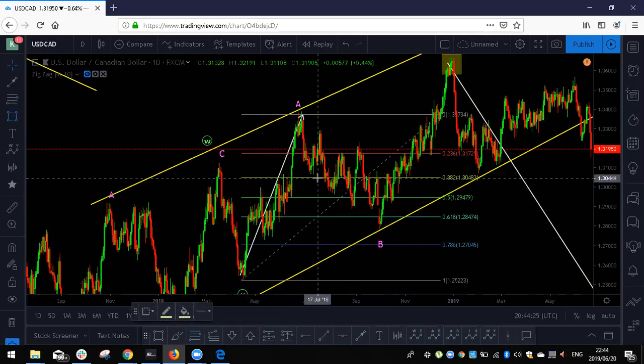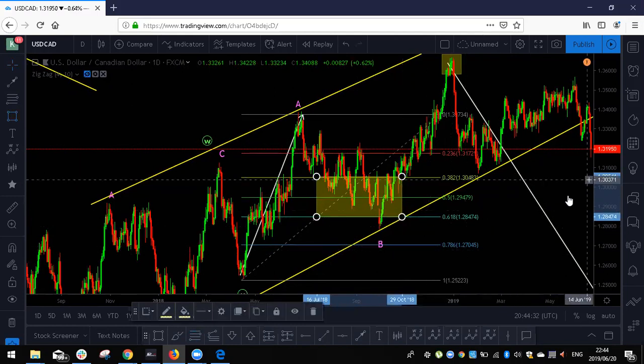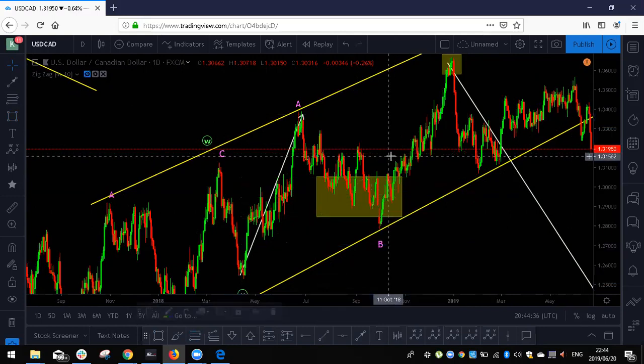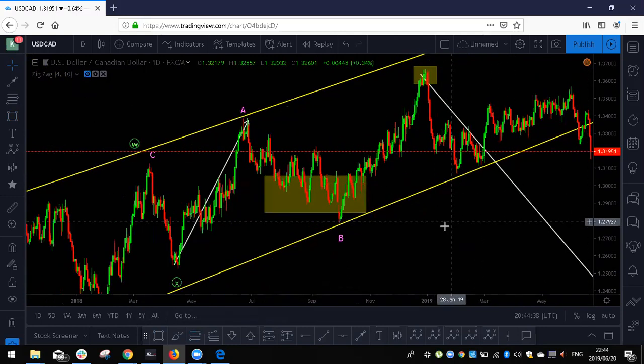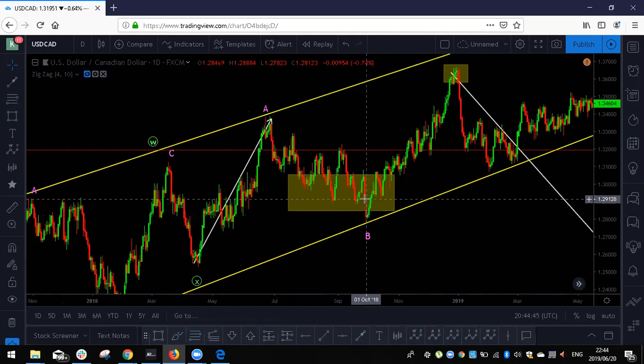Then from there, we make this buy box. Then we can now delete our Fibonacci. The reason why price spiked below is because it had a gap.